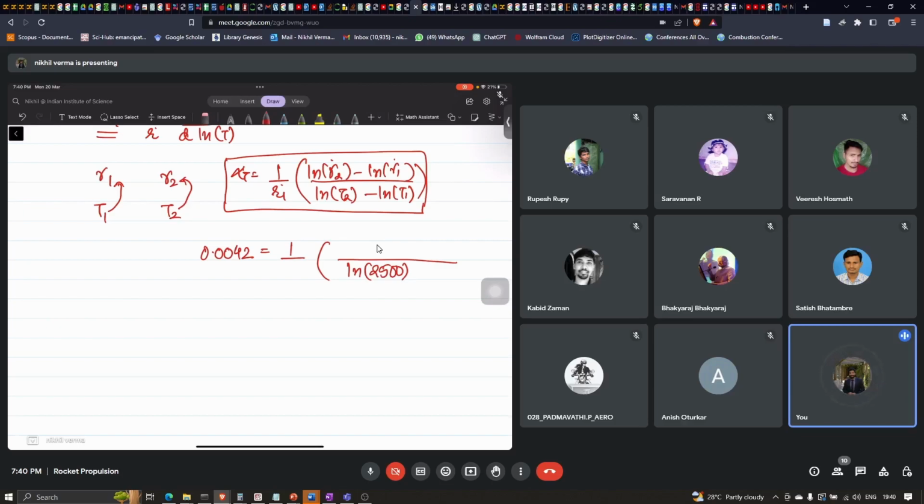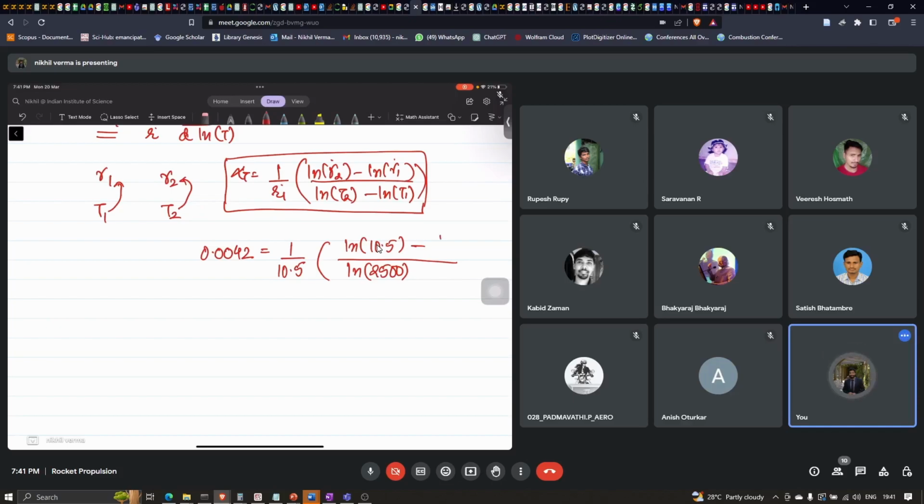So this will be, and we know this. I have taken the minus sign from the top and the bottom common, so that's why we have taken it like this.